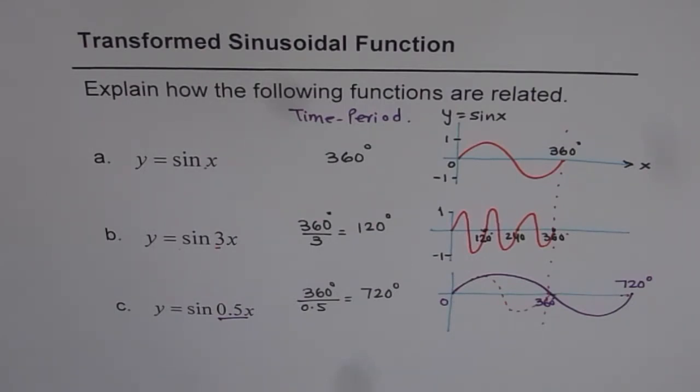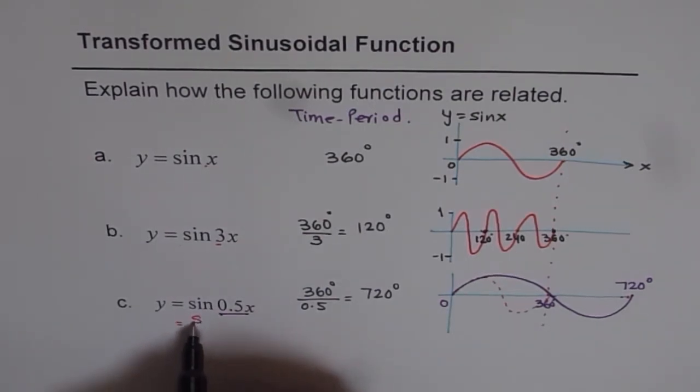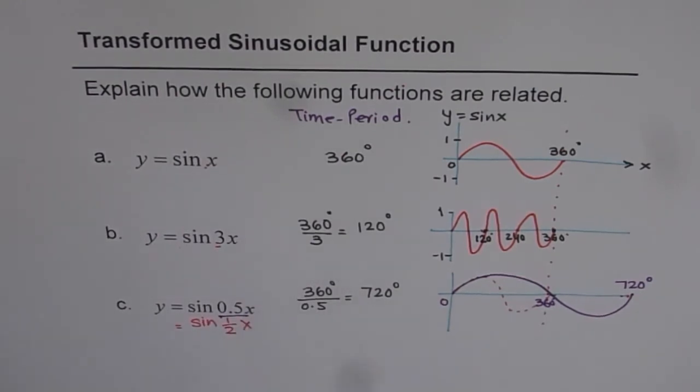And if it is half of x or 0.5x, half the cycle is completed in 360 degrees, and the time period of the wave sine 0.5x, or sine of half x, will be equal to 720 degrees. I can always write this as sine of half x. 0.5 is half x. That's what it means. I hope that makes things clear. So this k value tells you the number of waves within 360. Thank you.